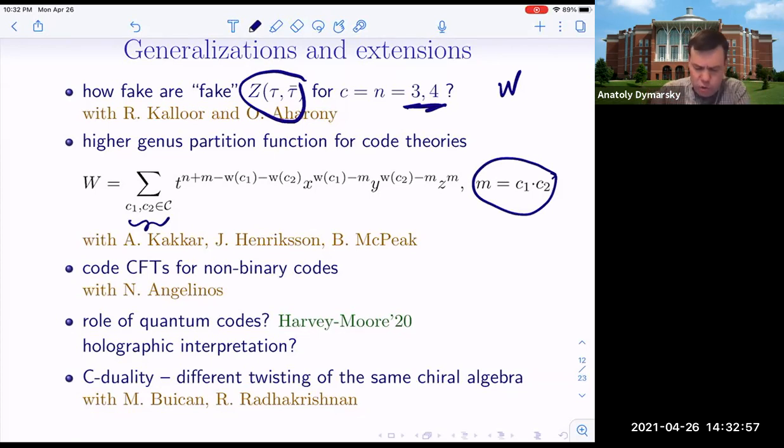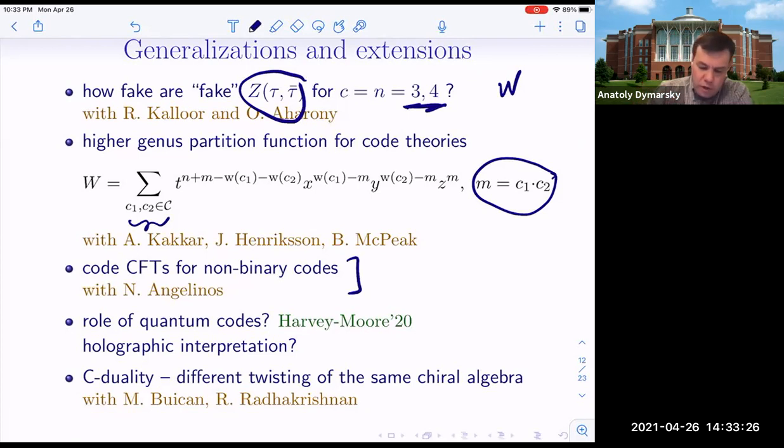Then, as I mentioned, with another graduate student of mine, Nick, we are trying to generalize the construction to non-binary codes. But then a very important question, which I should ask myself, is whether the construction I presented has a deeper meaning, some physical meaning behind the connection to codes, maybe in the context of holographic correspondence or quantum information.